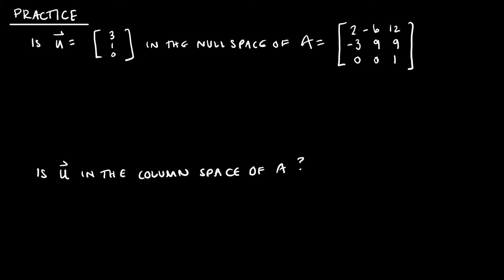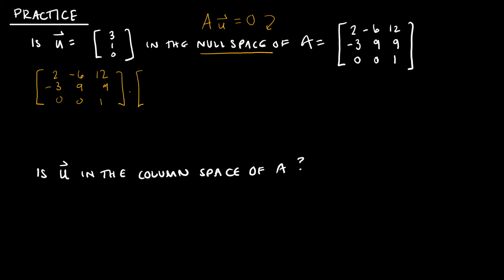As a reminder, if we're looking at null space, we're saying that A times u would have to be 0 for this to be true. That's pretty straightforward. All I have to do is some multiplication: 2, negative 6, 12; negative 3, 9, 9; 0, 0, 1, multiplied by vector u, which is 3, 1, 0. Make sure you multiply in the proper order.